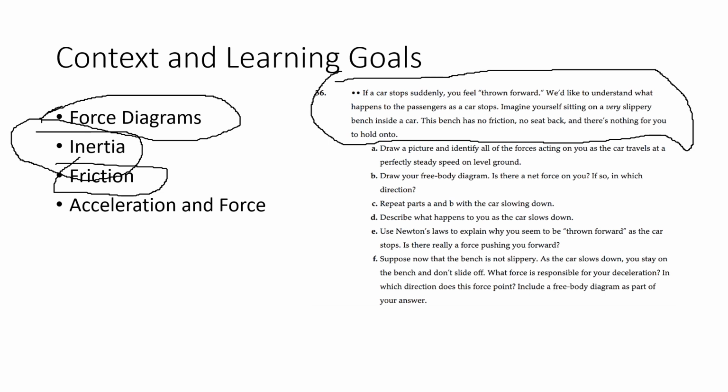This is a force that we probably haven't done too much of until now. Another idea here is how acceleration and force relate: if there's a net acceleration, there is also likely a net force.